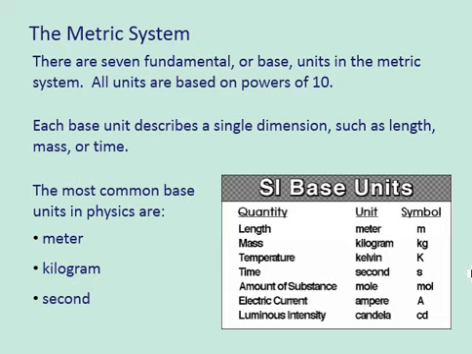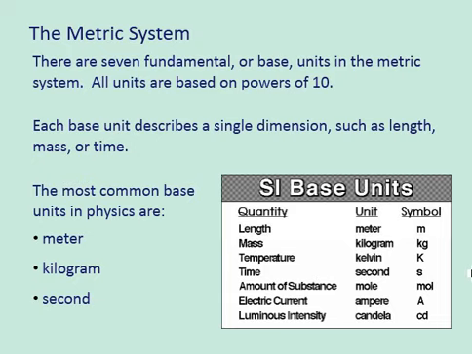Unlike in our English system, where, for example, let's take our measurements of length, we have 12 inches in a foot, 3 feet in a yard, 1,760 yards in a mile, or 5,280 feet in a mile. Those conversion factors can become quite cumbersome. So it's nice from the metric system where everything is based on powers of 10. And when we have those powers of 10, we just represent it by using a prefix.